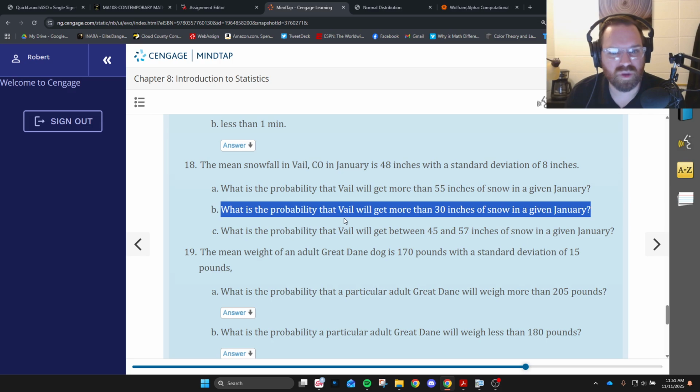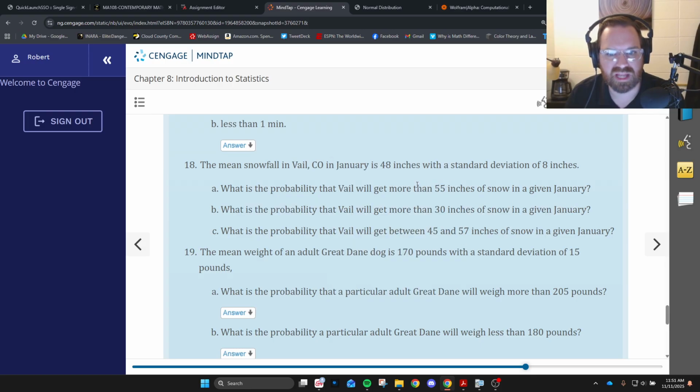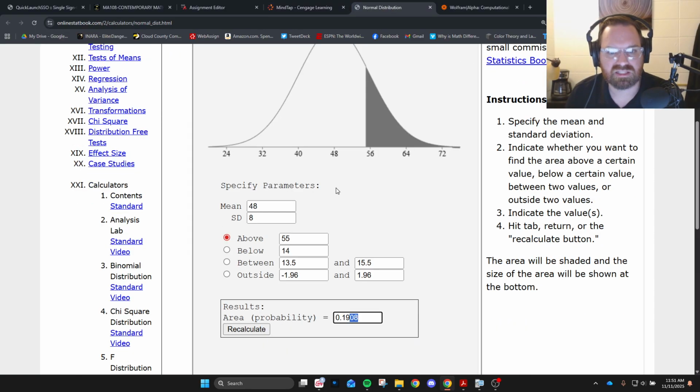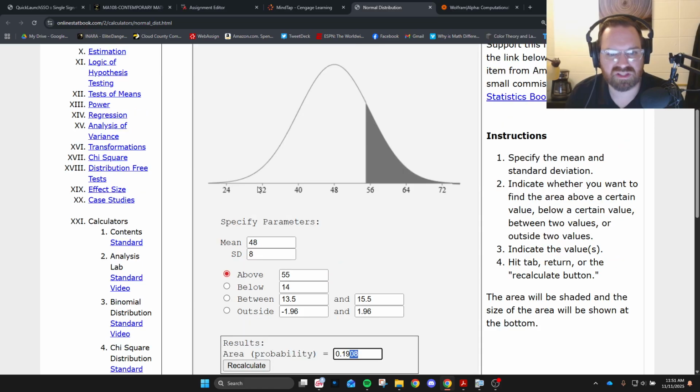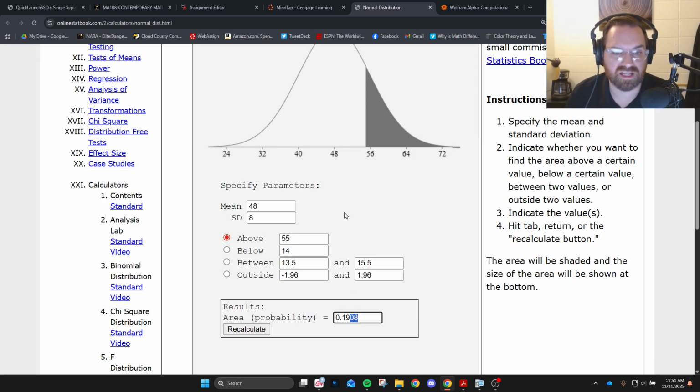What is the probability that Vail will get more than 30 inches of snow in a given January? So we have more than 55 for the first part, more than 30 for the second part. If you notice, 30 is going to be down here on this curve, so it's going to be a fairly high number.